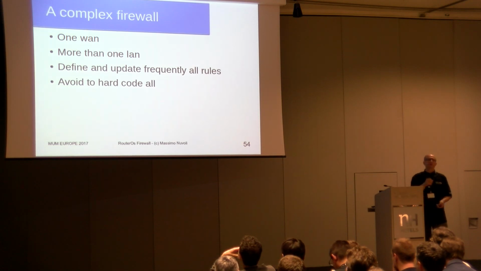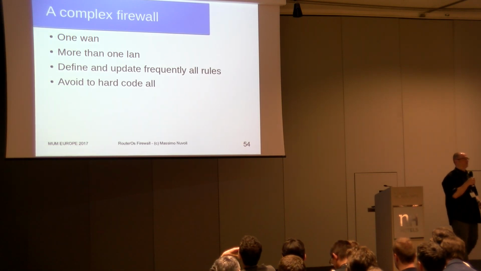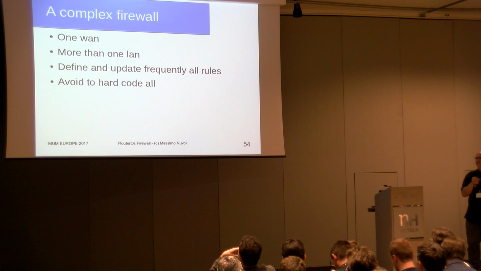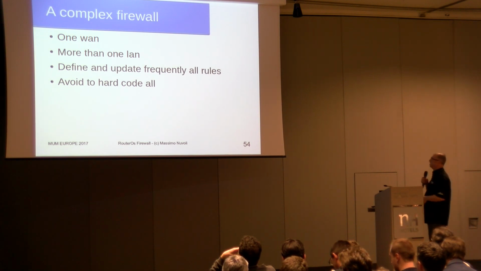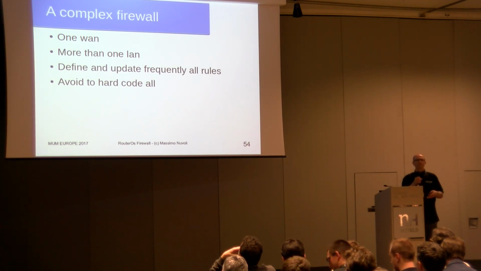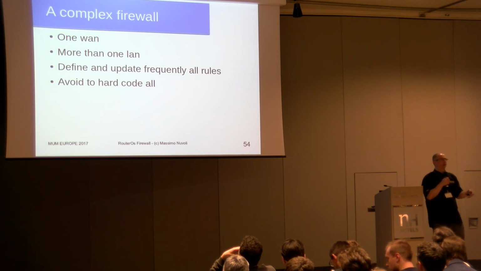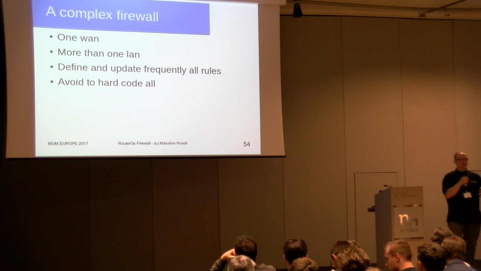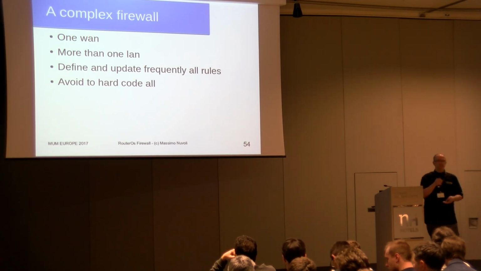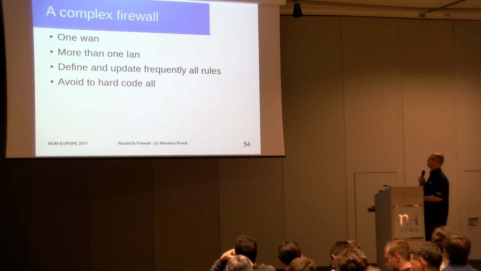But if you want to build a complex firewall, don't think about what you can do. It's important that you have one-to-one connections and more logical inside connections. You have LAN, VoIP, Wi-Fi, a lot of things.